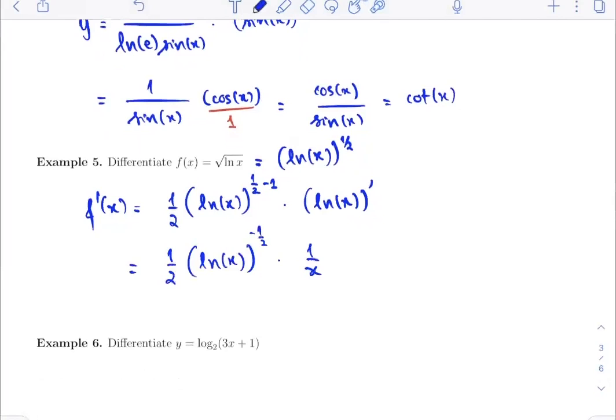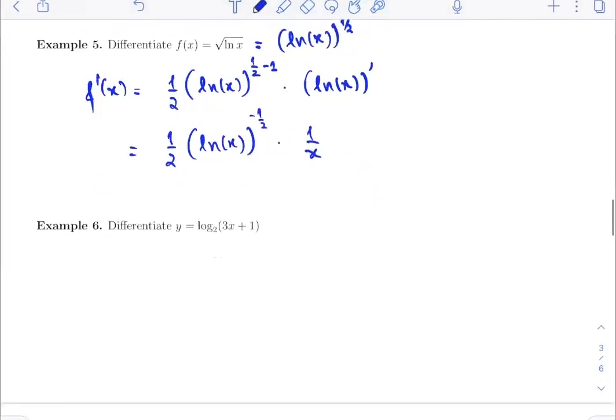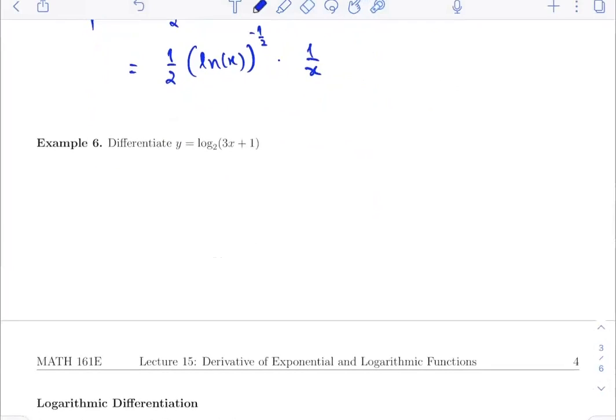Okay. Now, finally, let's move on to the last example in this category. I would like to differentiate the function y equal to log of base 2 of 3x plus 1. Remember, in this case, the base is equal to 2. So the derivative is y prime equal to 1 over ln of 2 times the inside part, and then at the end, multiply with the derivative of the inside function.